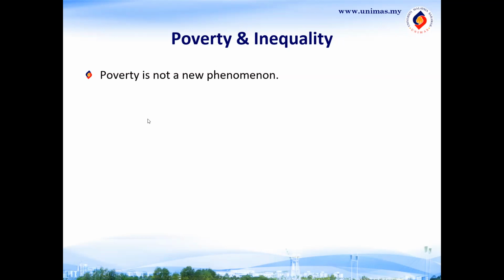So poverty is not a new phenomenon. Memang dari dulu, I mean, human beings started as poor in the old days anyway, right? It's only during the feudal system, you know, that orang yang kaya adalah orang yang berpangkat raja dan sebagainya, ya, kuncu-kuncunya.